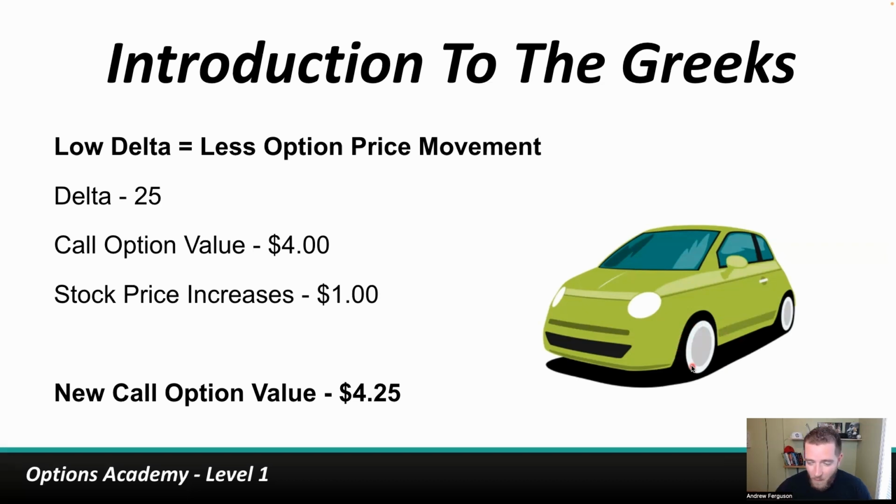Think of delta as like the wheel thickness or the wheel grade. You're not capturing as much, so you're only going to get $1 times 0.25, so you're going $4 plus 0.25 for a total option value of 4.25. On the flip side, if the stock price was to decrease, it would be the same thing, except it would go from $4 to $3.75 as the stock price decreased.